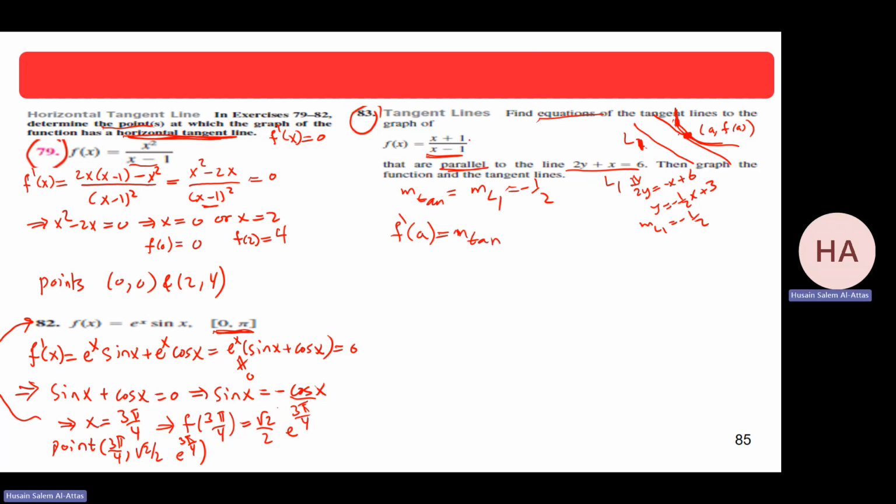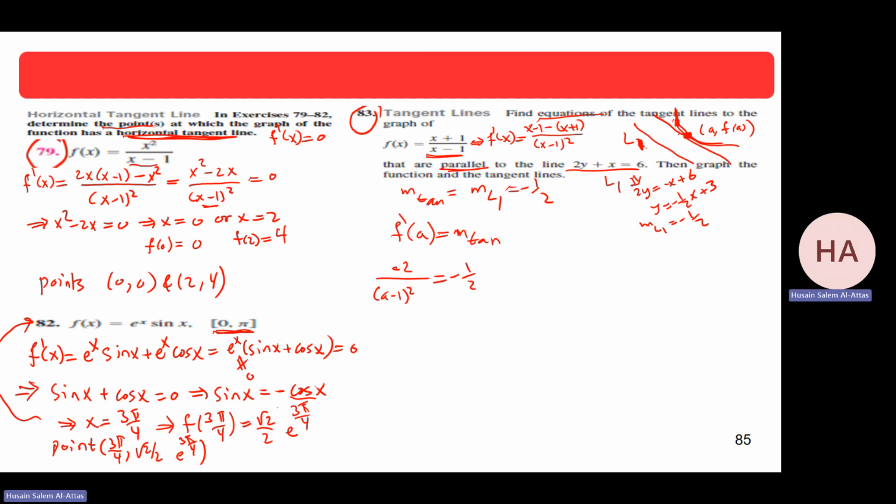And what is f prime at x? The derivative of the numerator, which is 1, times x minus 1, minus 1 times the numerator, over x minus 1 squared. The x's cancel, minus 1 minus 1, so it's minus 2. I have minus 2 over a minus 1 squared equal to minus half.